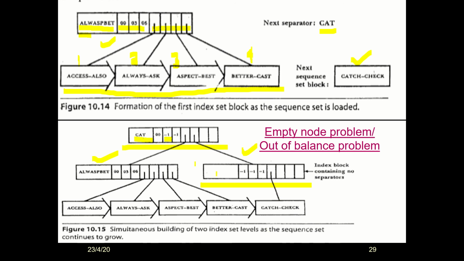This problem of creating an empty node which can cause an out of balance is known as the empty node problem or out of balance problem. This problem can be solved by inserting values sequentially. Now we'll see how it is done in our next example.